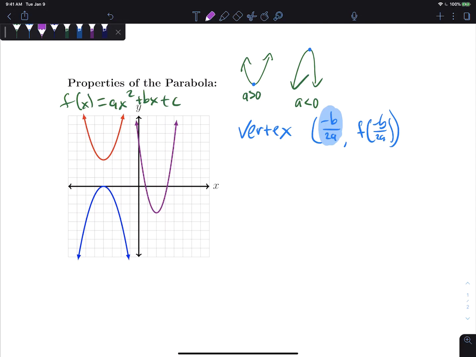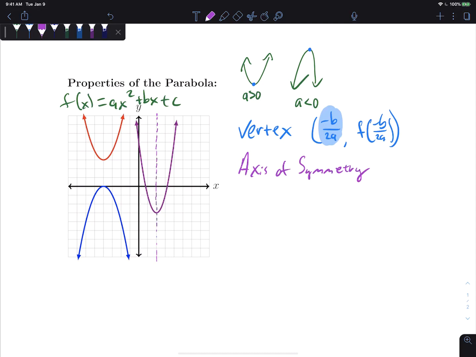Next, let's look at what we see as axes of symmetry. Now, every parabola has an axis of symmetry. In this case, parabolas have vertical axes of symmetry that go through the vertex itself.